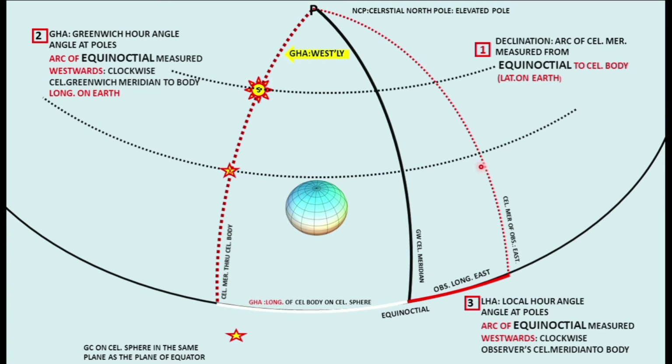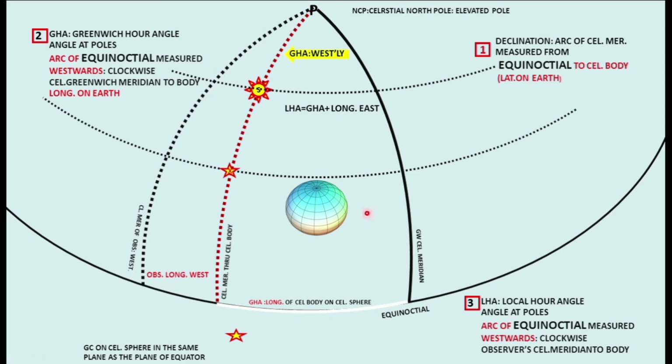If it was the case of Earth, this would be the D-long between these two meridians. Here we refer to it as LHA. And here you can see that LHA would be GHA plus longitude east.